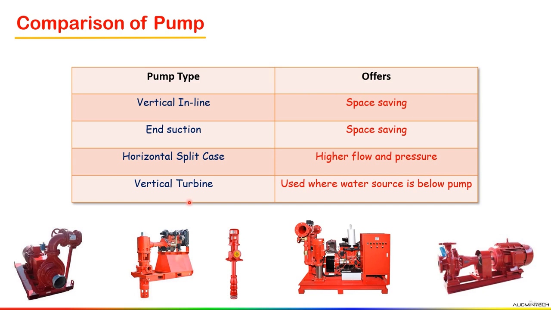Suppose you want to take water from a lake, pond, or river, and with the help of the pump suck that water and discharge it to the point where you want to transfer water. At that time you have to select the vertical turbine pump. You use it where the water source is below the pump.